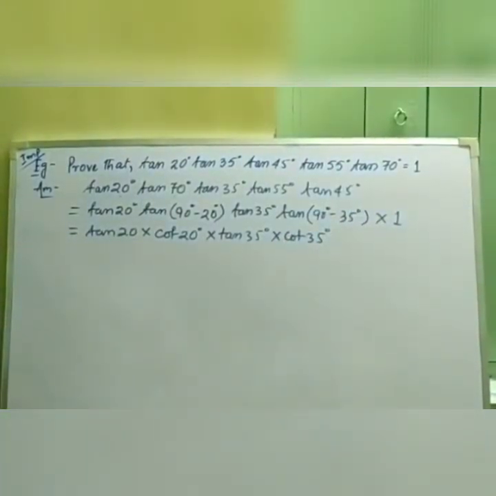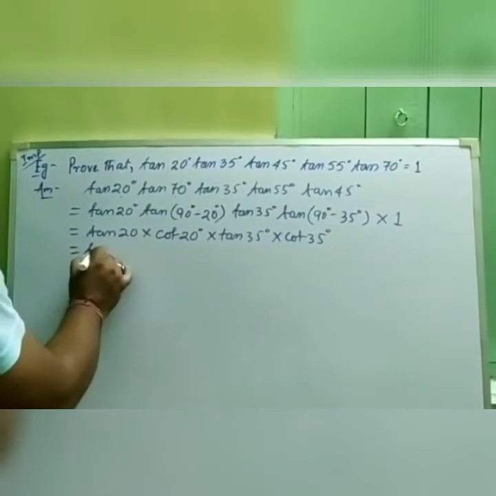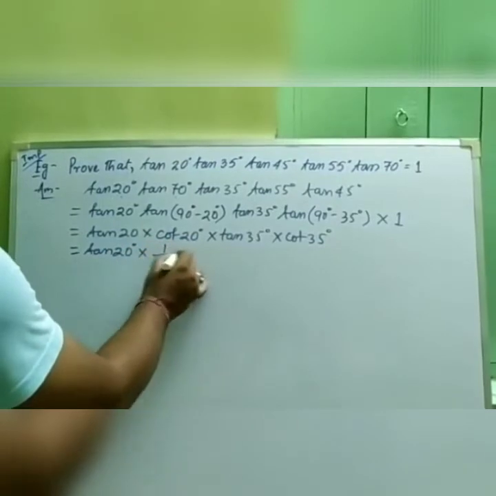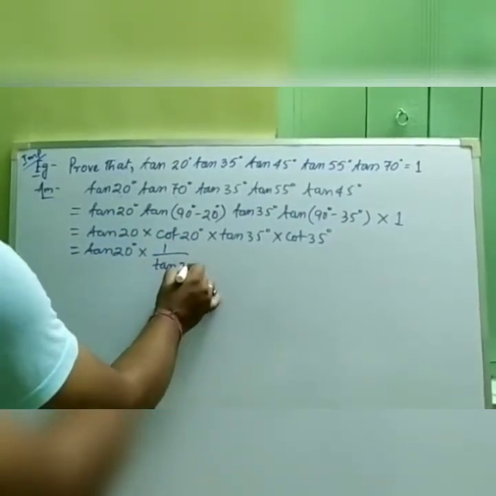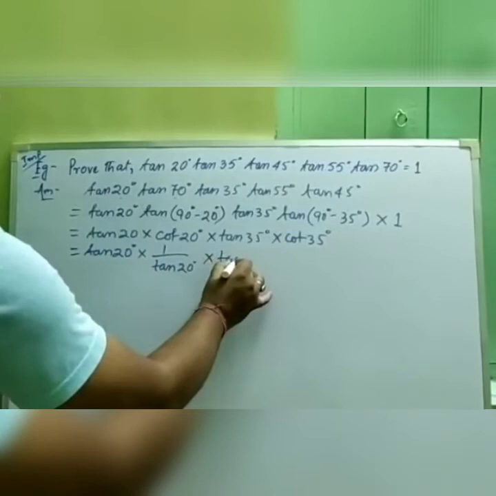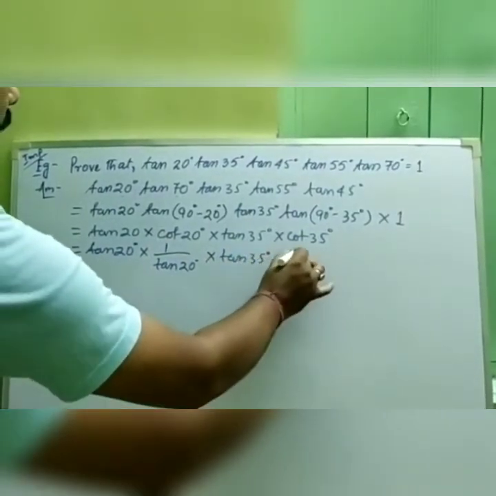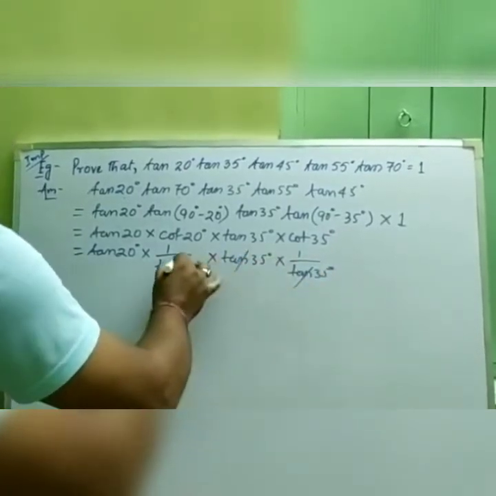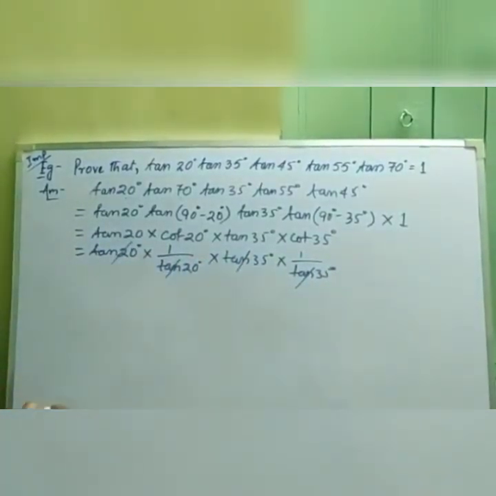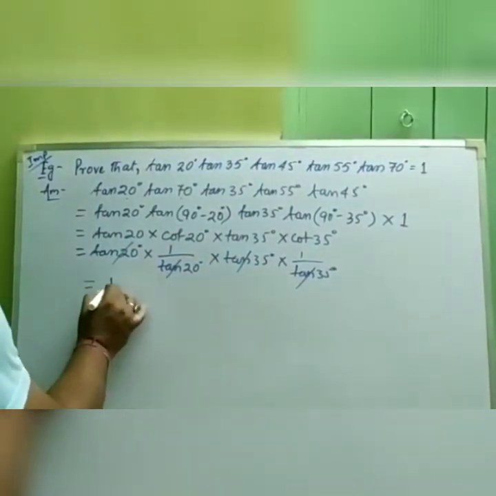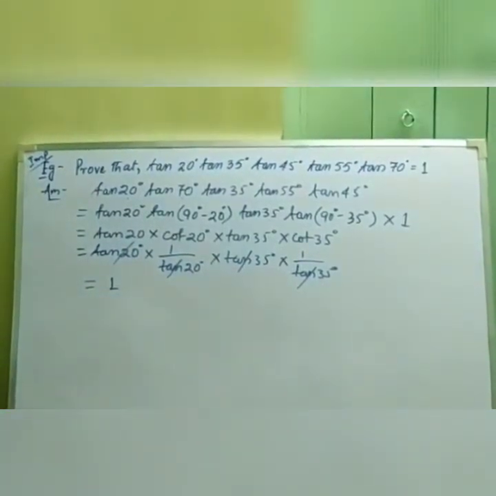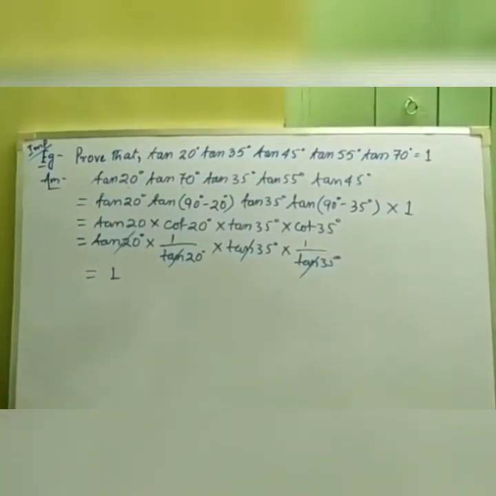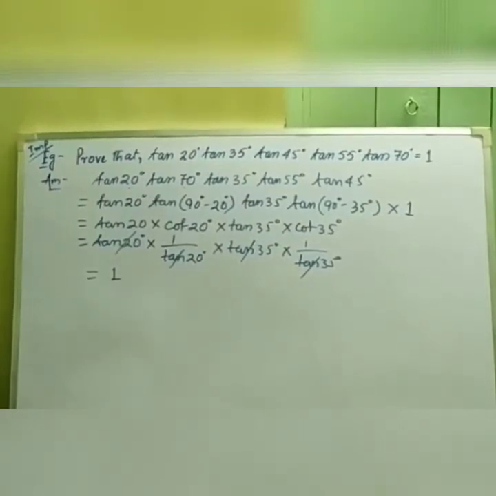Now we will use the property that the reciprocal of tan is cot, so we can write 1 by tan 20 degrees, this is tan 20, into tan 35 into 1 by tan 35 degrees. You can see these trigonometric ratios have cancelled, so we are getting the answer 1. So we got our proof, and this is one of the important sums. Like that, you have various types of maths with this complementary angles form.